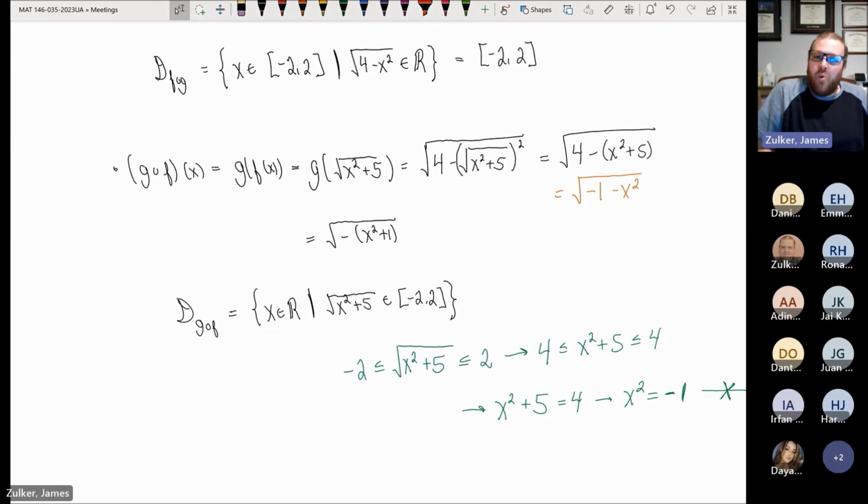That means there is no real number that makes this inequality true.